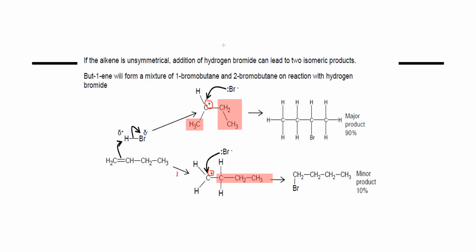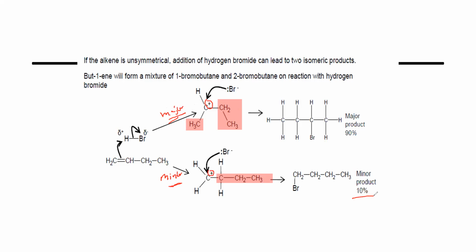The length of the chain is a different thing. It does not affect the stability. It's about the number of carbons directly attached to the carbocation. So in the first one, two carbon chains are attached. So this will be the major product, meaning the majority of the carbocations will be like this. This will form, but this will be a minor product, a small amount of carbocation in this form.